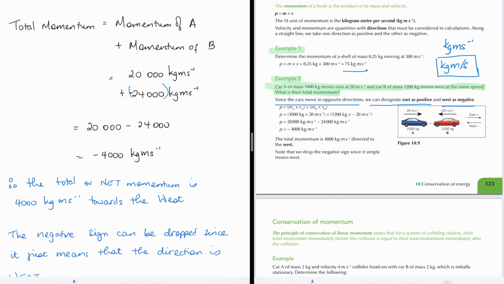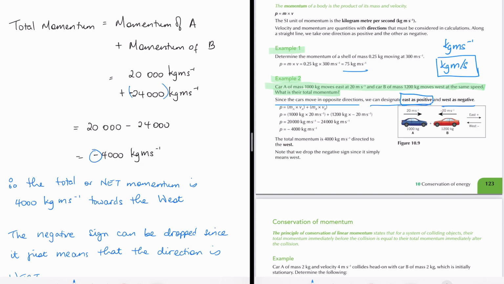Now remember, in the beginning, they never told us that the car was moving at a negative speed, because you cannot move at less than 0, right? The car was moving at 20 meters per second. So this negative sign, all it tells me is the direction. If we go back to the beginning, you would have seen east was positive.